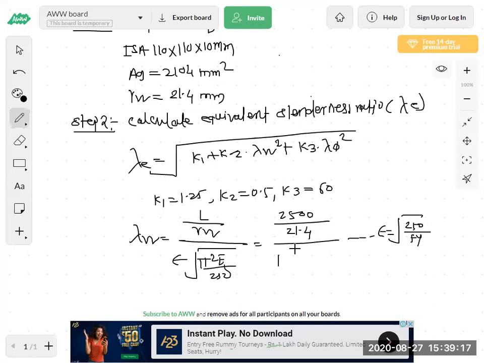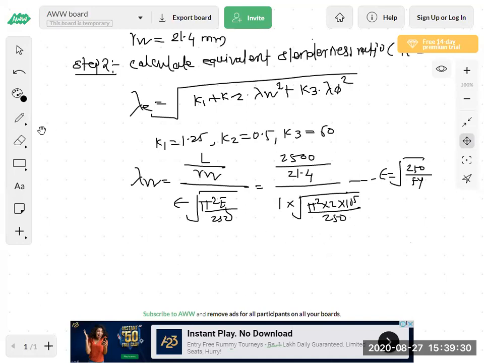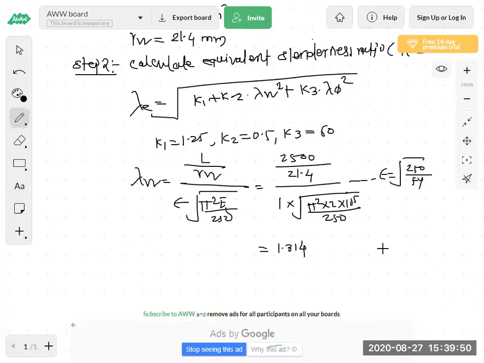So 1 into pi square into 2 into 10 raised to 5 divided by 250. We got lambda VV value as 1.314. Okay, so last lecture we have seen this much part.